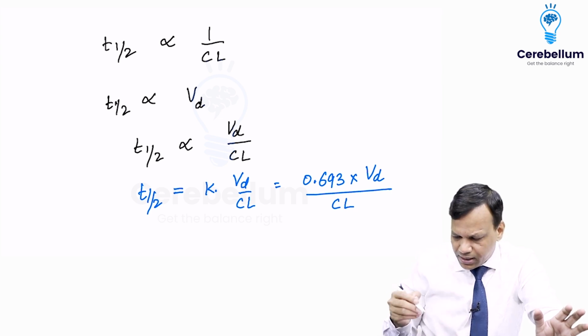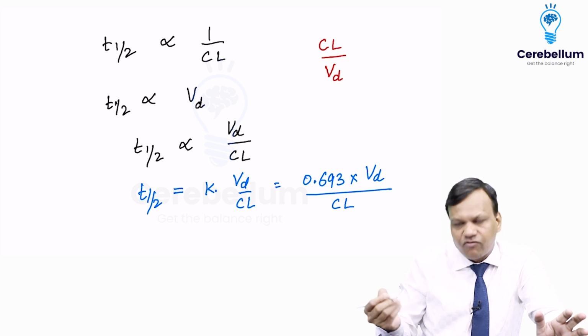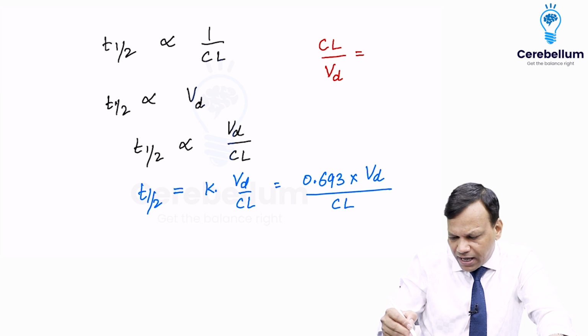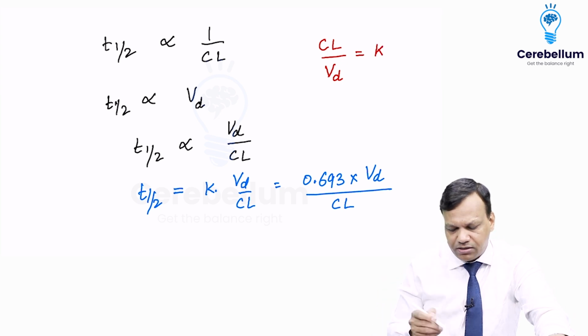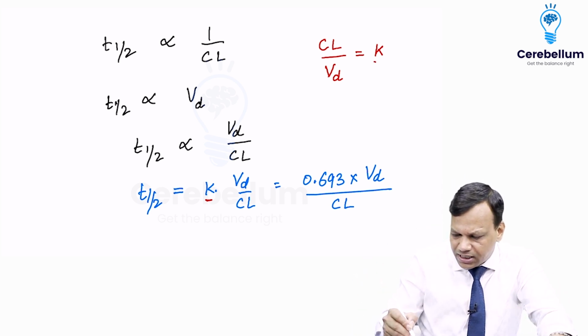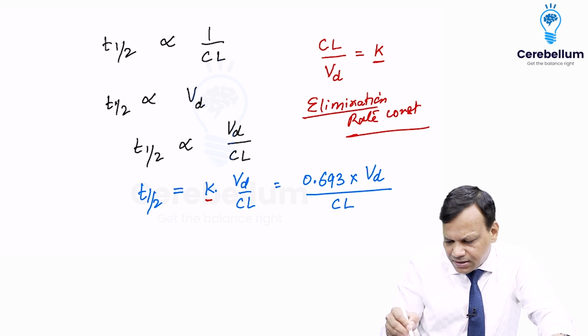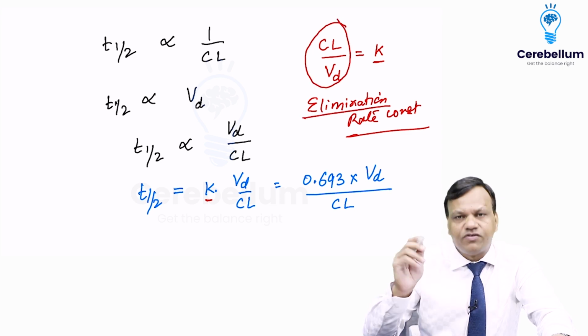Now what is important? This clearance by Vd, clearance by volume of distribution, is known as the elimination rate constant. Remember, this k is not the same as the general constant we write. So this k is the elimination rate constant. The formula of that is clearance upon volume of distribution.